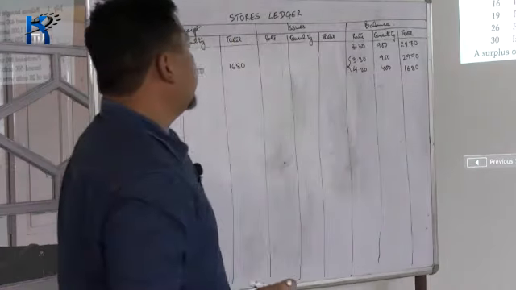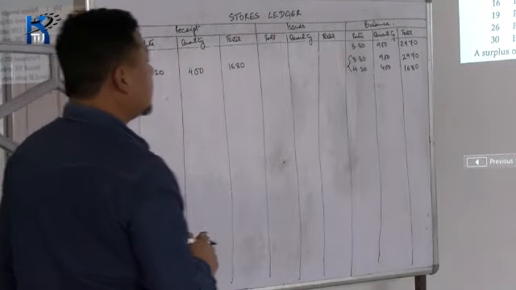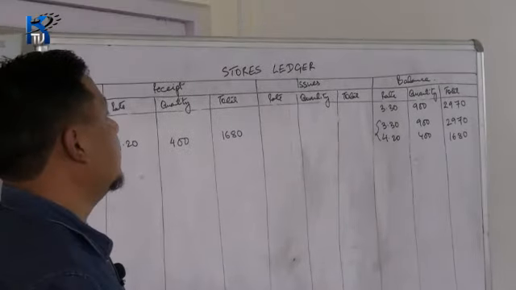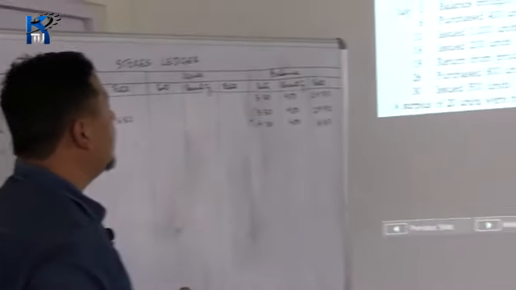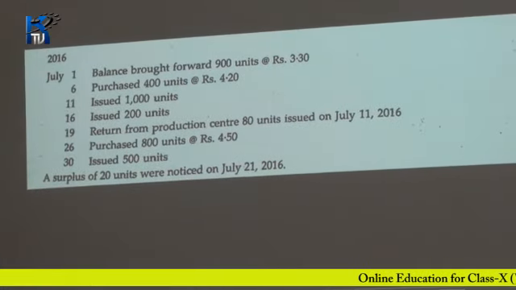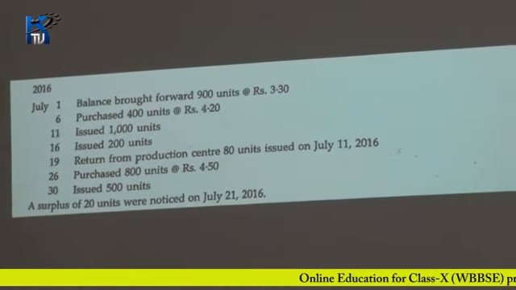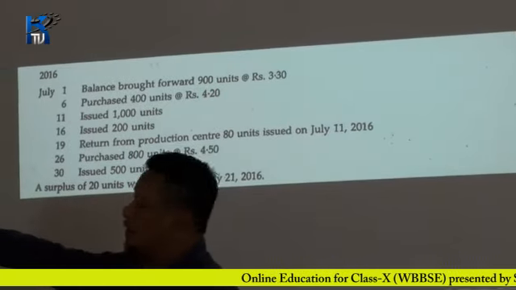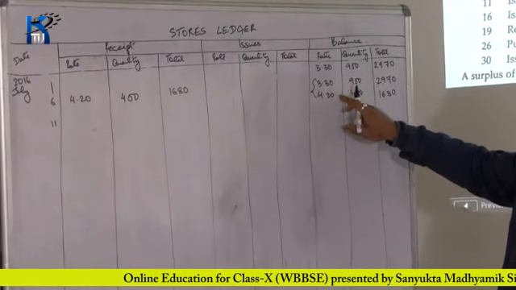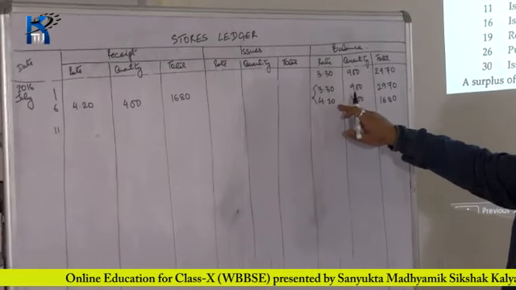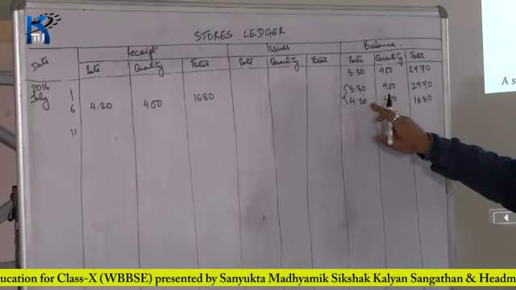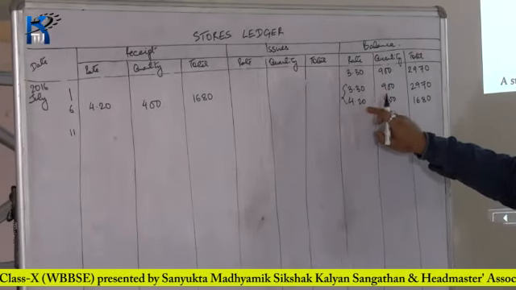Next day, 11th. On 11th, there has been an issue of 1,000 units. In LIFO method, you can see here, there are two batches. Under LIFO method, last in first out, the materials which have been received last will be issued first.